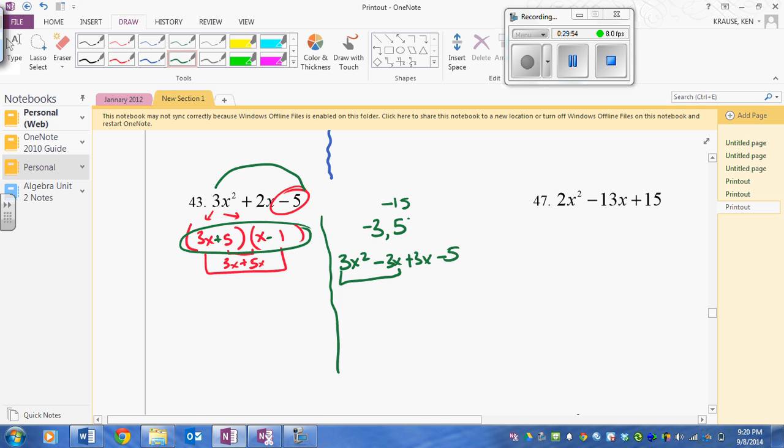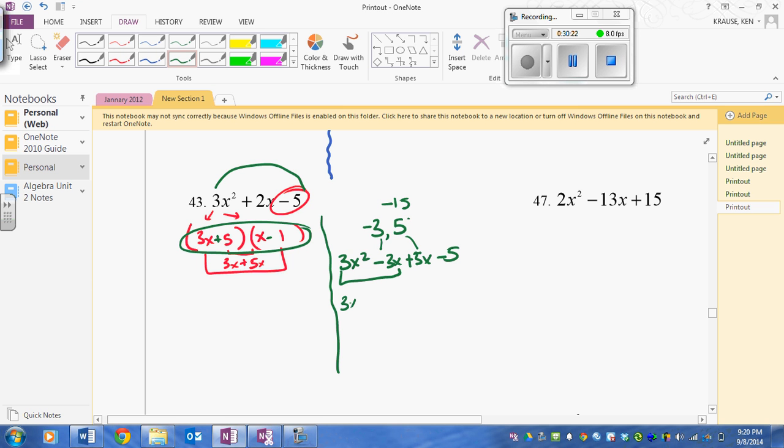Ooh, let's back up the crazy train here. It's 15. Oh, this is 5, negative 3.